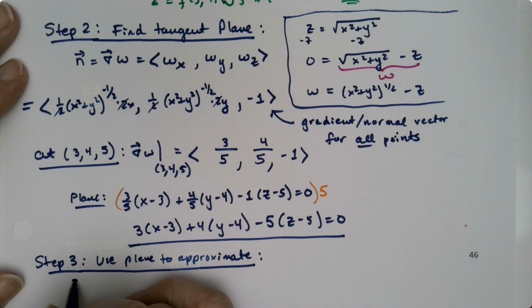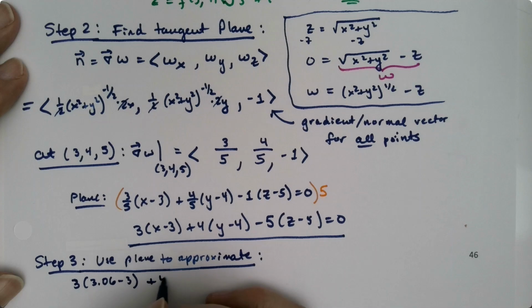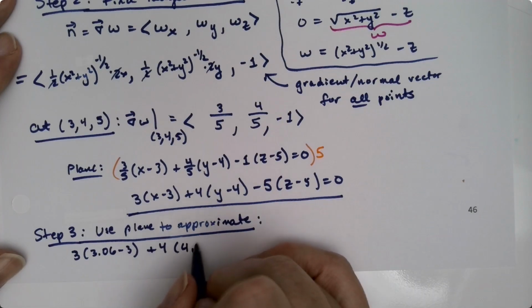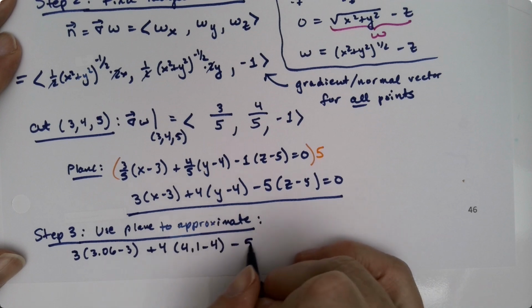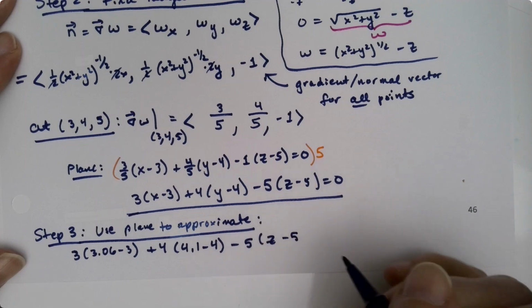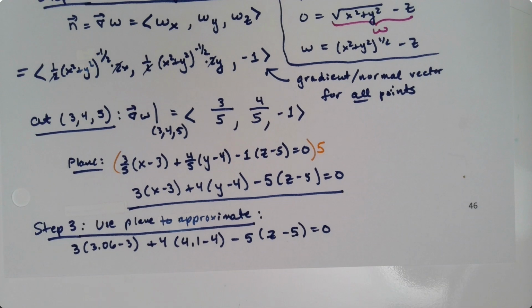So you go 3 times (3.06 take away 3) plus 4 times (4.1 take away 4) minus 5 times (z minus 5) equals 0. z is what we're looking for. And we solve this with a calculator for z.